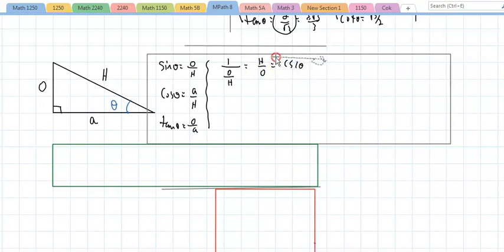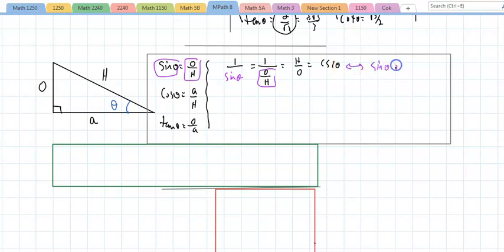And this indicates that the opposite over the hypotenuse is the sine of theta. So 1 over the sine of theta is the cosecant of theta, and similarly, the sine of theta is 1 over cosecant of theta. These are the reciprocal identities.